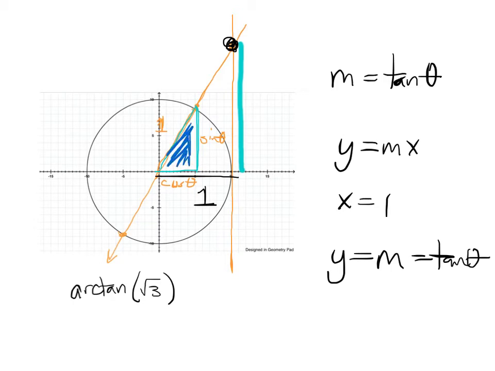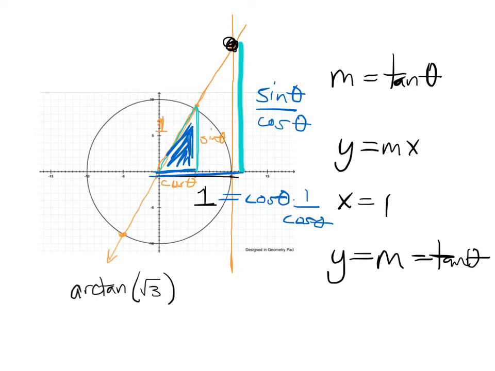I want to trade this small triangle for the big triangle, which means I trade cosine theta for 1. I took cosine theta and multiplied it times 1 over cosine theta, which means this side becomes sine theta over cosine theta. And this side, which used to be 1, is now 1 over cosine theta.